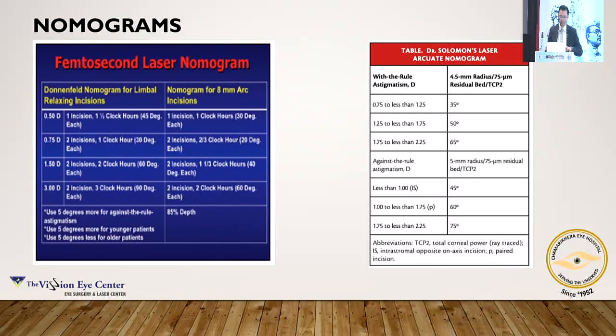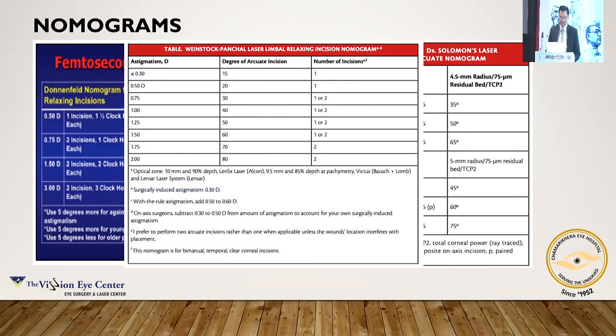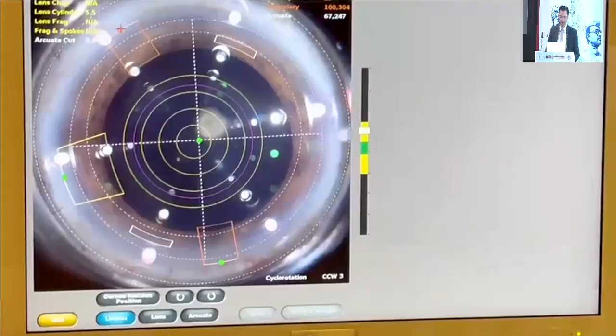So these are the most used ones: the Donnenfeld nomogram and the Solomon laser arcuate nomogram. These have been modified now, and there is work in progress for further modifications of these nomograms, which can be used for astigmatism correction in FLACS. Then you have the Weinstock Panchal, that's also a limbal relaxing incision nomogram that is followed.